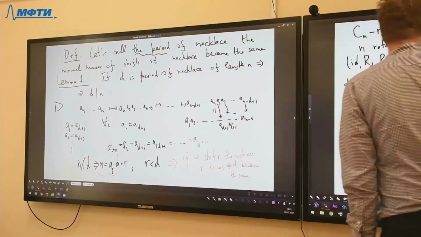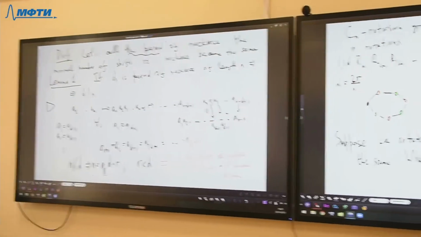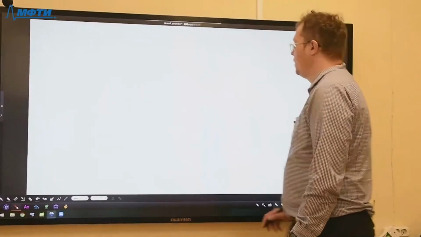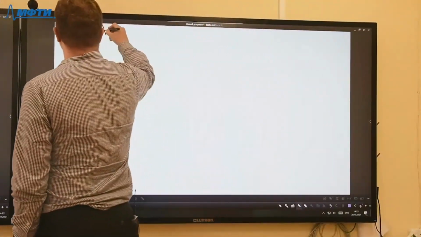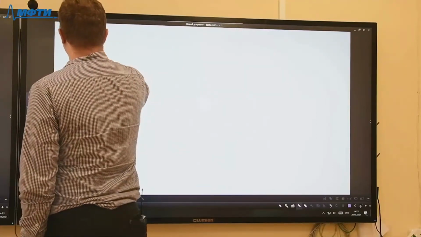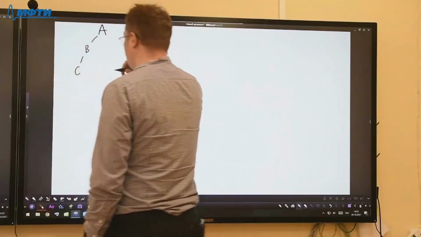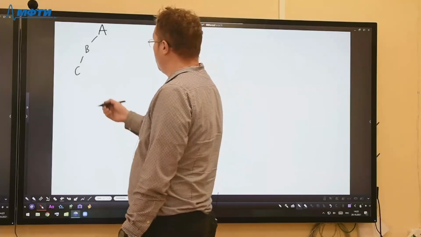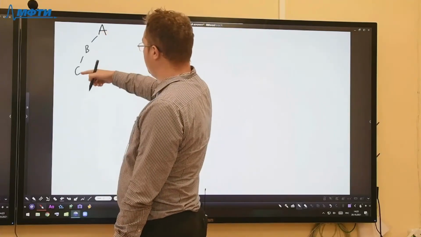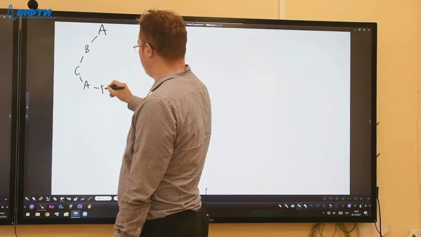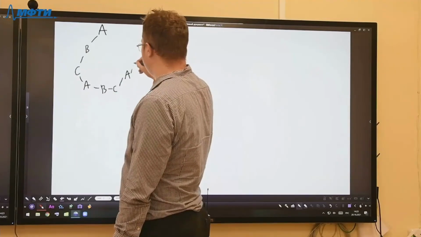So for example, I will give you an example. Suppose the period of our necklace is 3. What does it mean? If we have ABC here, then the next 3 letters should also be ABC. Then the next triplet should also be ABC.